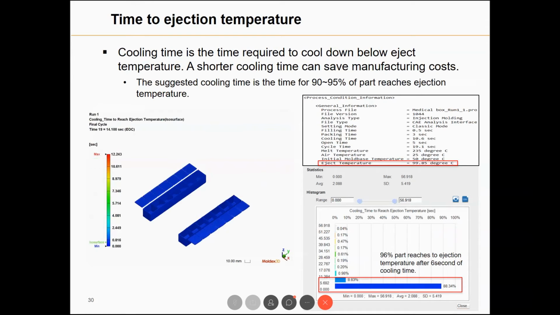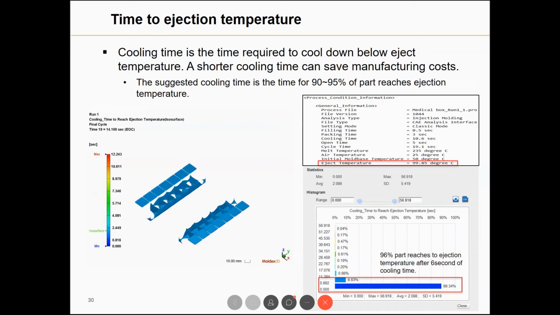So from the static results in here, we can know how much percentage of the cavity has reached the ejection temperature already. And in general, the suggested cool time is the time for 90 to 95% of area to reach the ejection temperature.